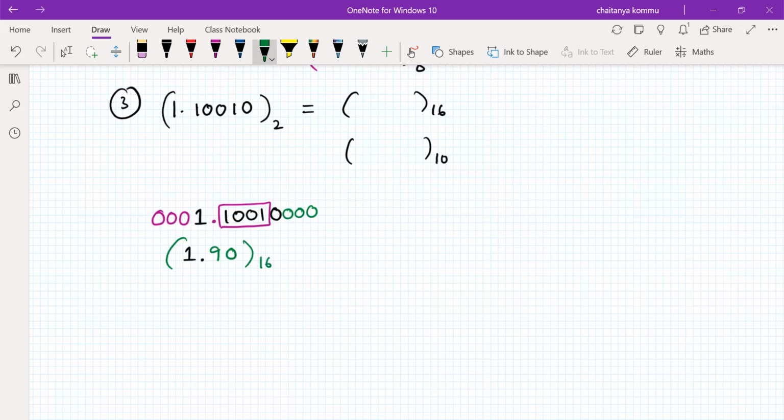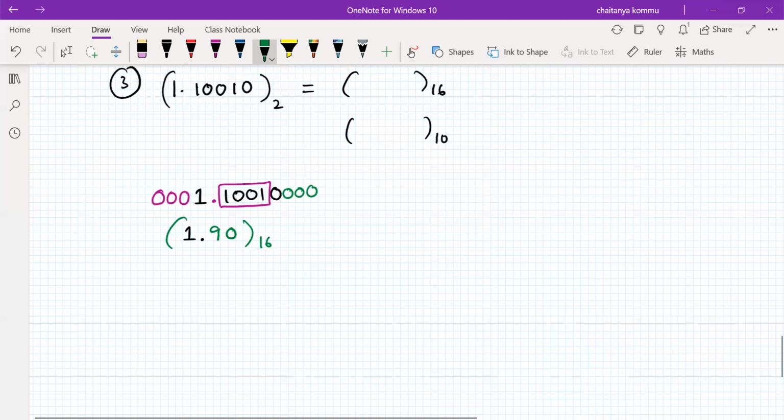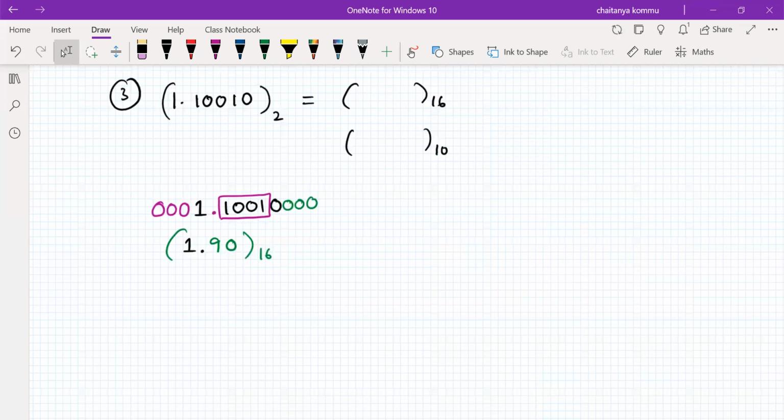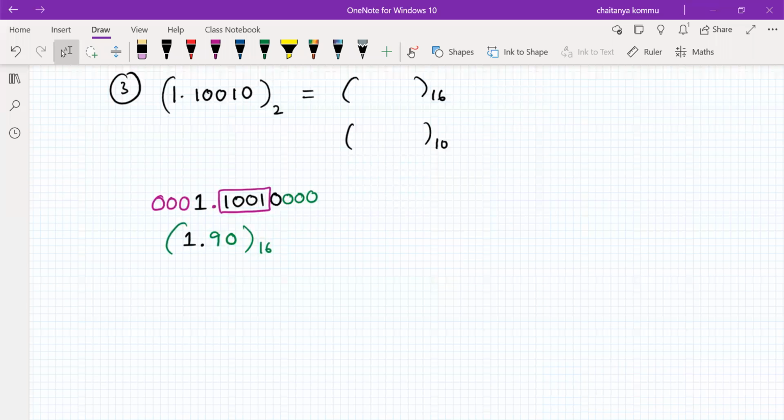What about the decimal? Decimal digits are also available here. Am I right? So we can do it like this, or otherwise directly we can go for it.